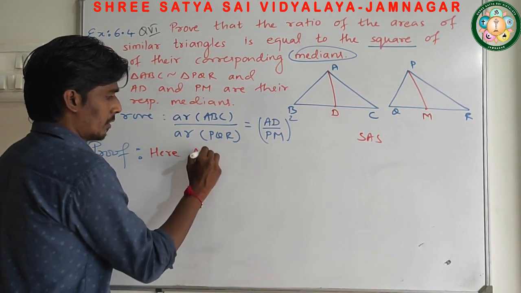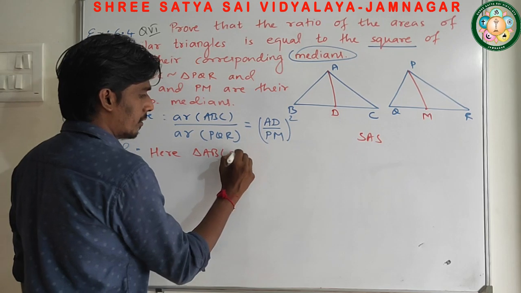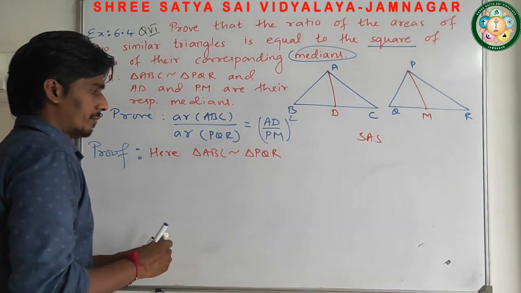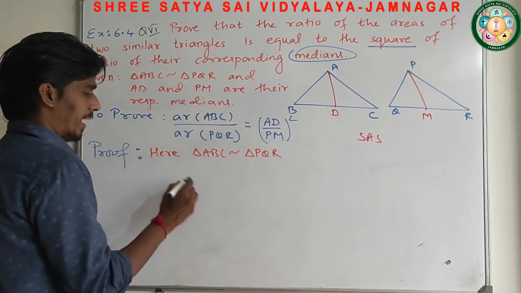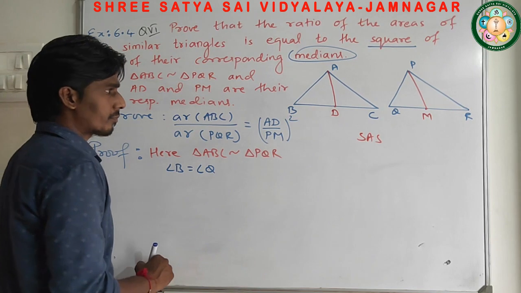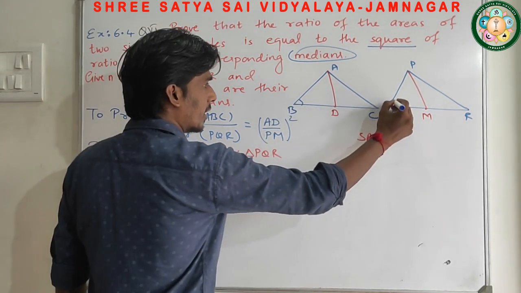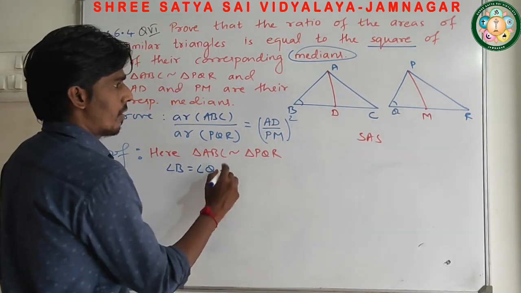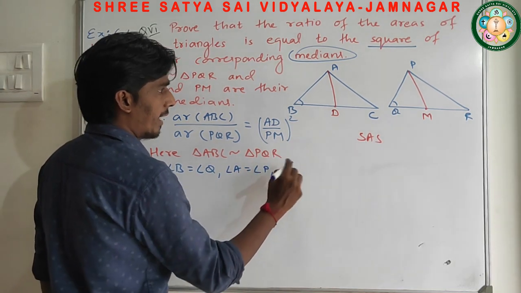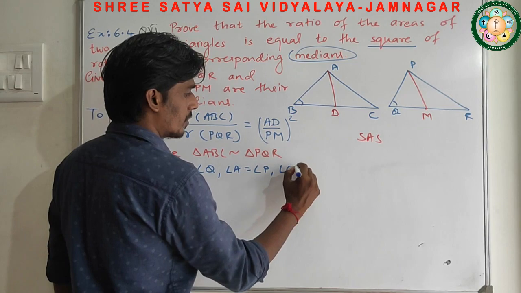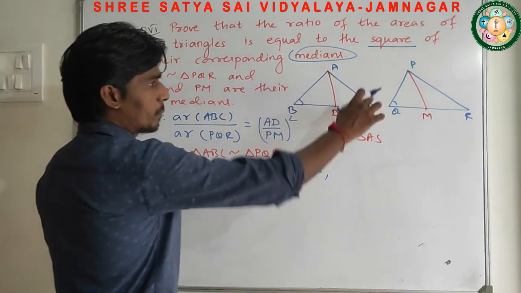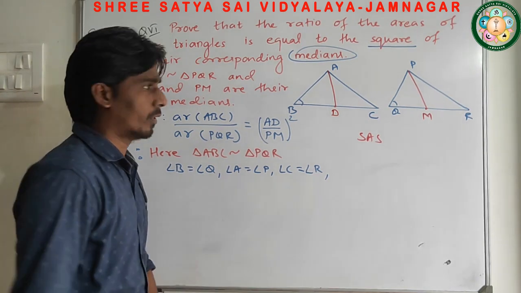Here triangle ABC is similar to triangle PQR. Therefore, I can say that angle B is equal to angle Q. Angle A is equal to angle P and angle C is equal to angle R. And the ratio of the corresponding sides are also equal.